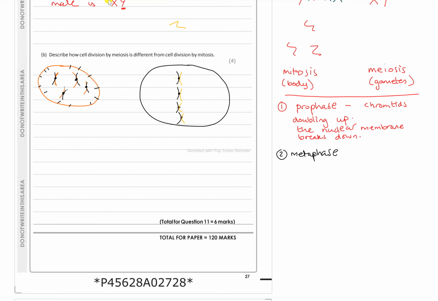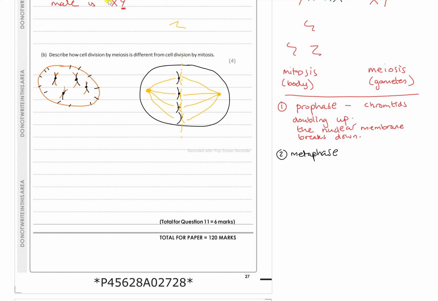And you get these spindles forming. I think these are protein spindles. So they align at the equator here. So this is the metaphase.